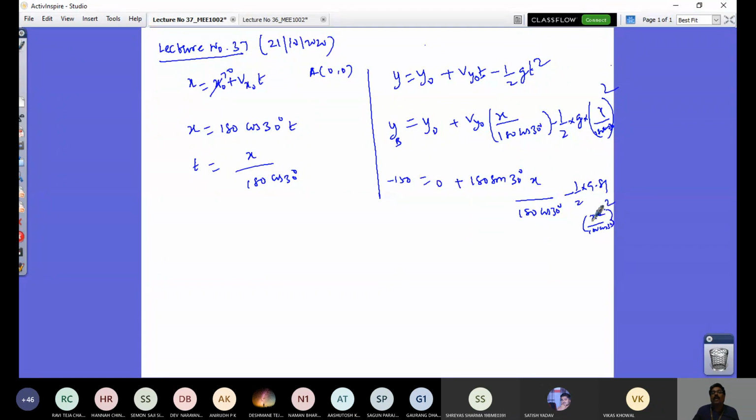So I have here a quadratic equation in x. Solving this, I'd be able to have what is my x. So that value happens to be 3100 meters if I solve.